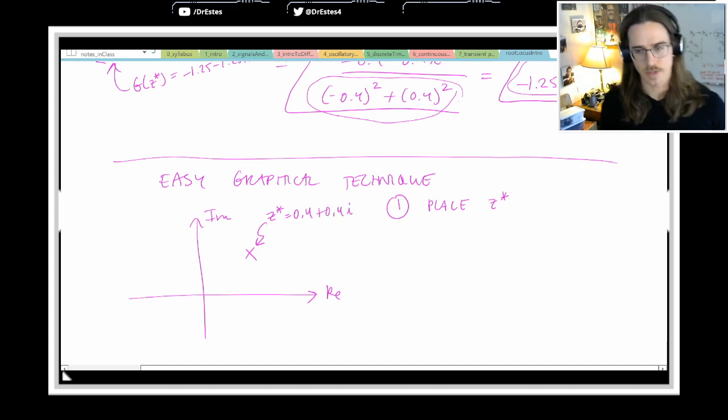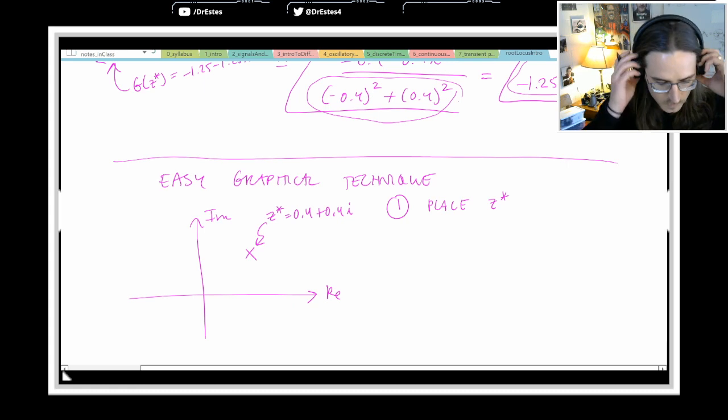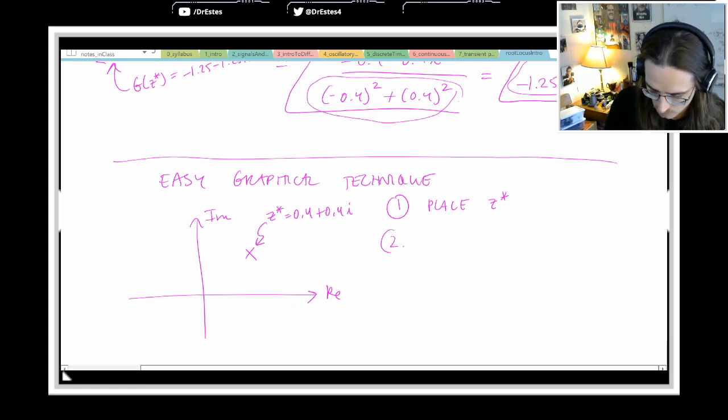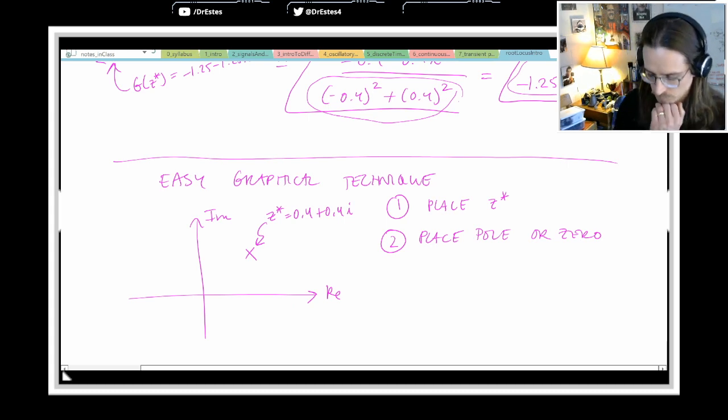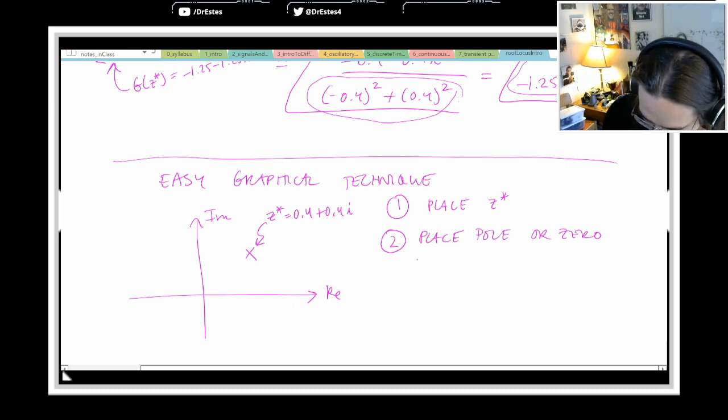Okay, so I placed it in the complex plane. Okay, next, place the pole or 0 you are taking the phase angle with respect to.